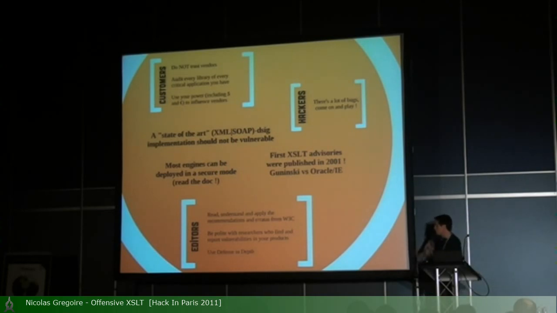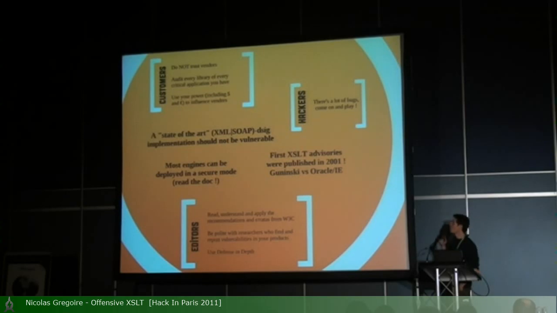We can deploy any XSLT engine in a secure way. You have a configuration file, you have compilation options, you have some parameters when instantiating the engine, so just read the doc or ask somebody who already did that.